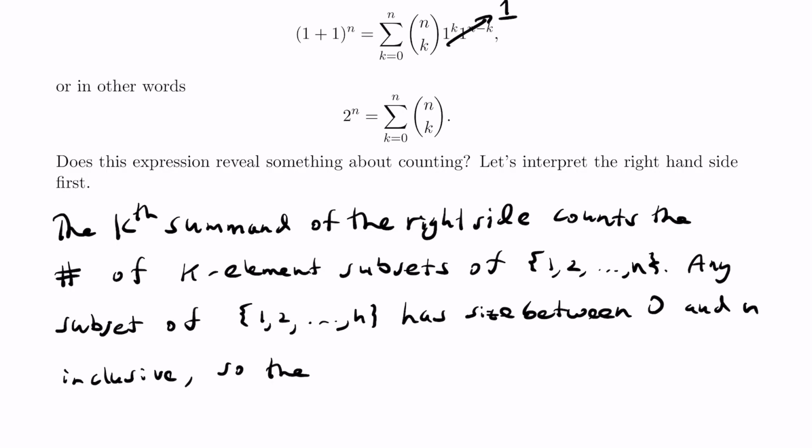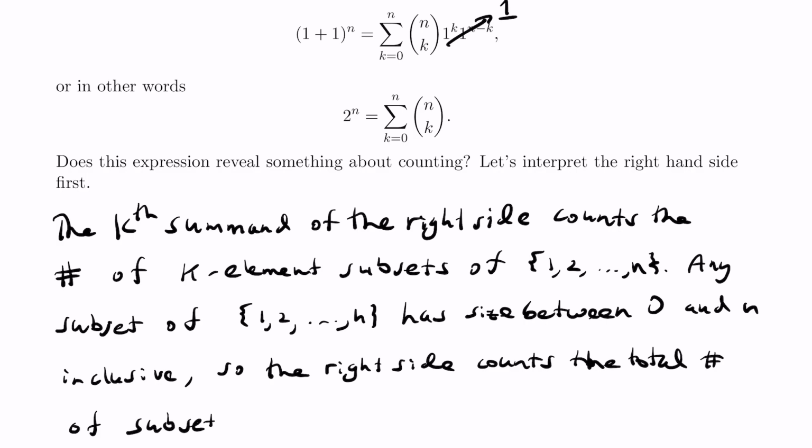So the right side counts the total number of subsets of the set 1 through n.